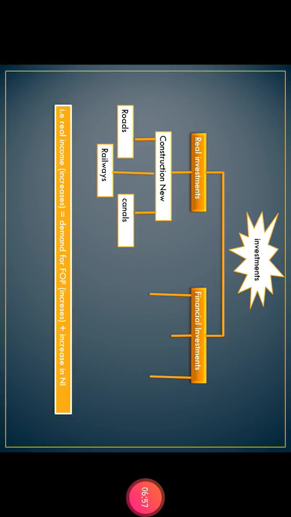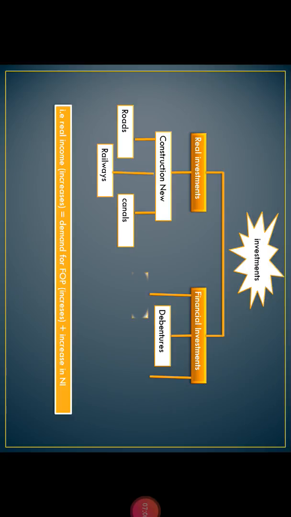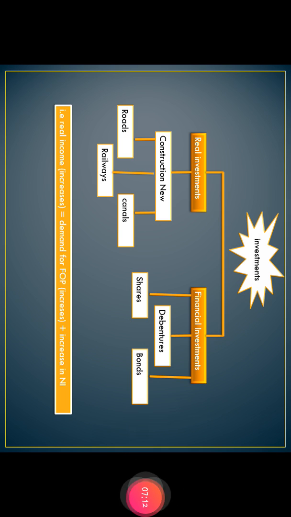Whereas the financial investments are when the people of the economy invest in debentures, shares, and bonds. When the real investments by the government increase, the demand for the factors of production also increases, with the increase in national income of the country.